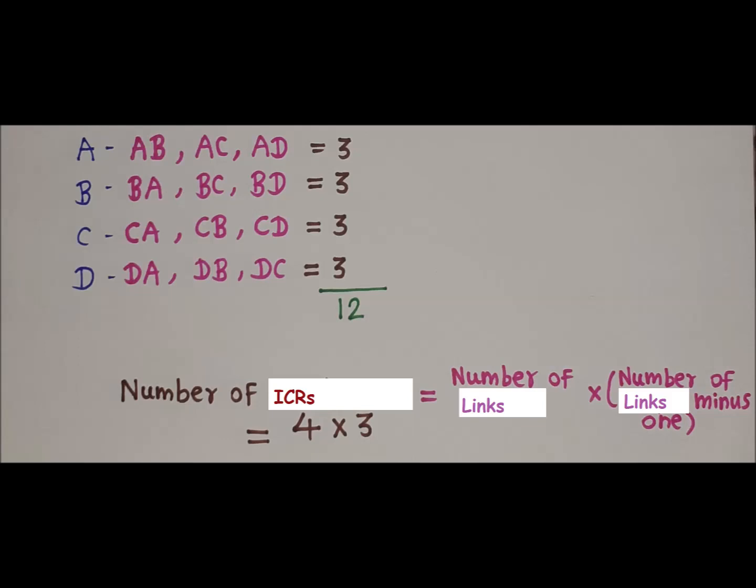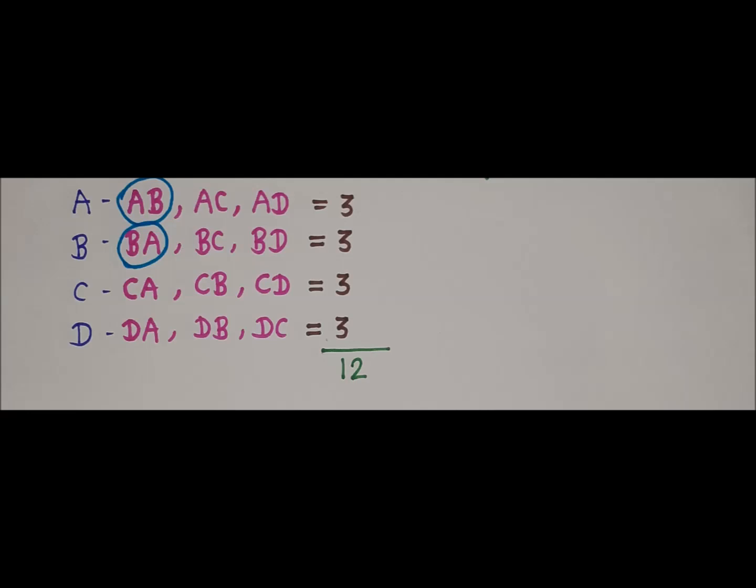But here we are missing something. ICR for relative motion between A and B, that is AB, and ICR for relative motion between B and A, that is BA, will be same. Hence, it should be counted as one ICR instead of two ICRs.